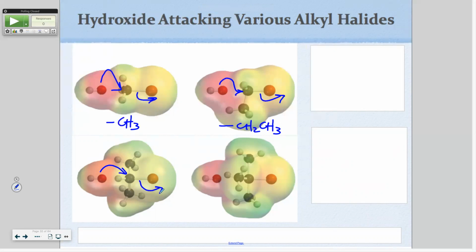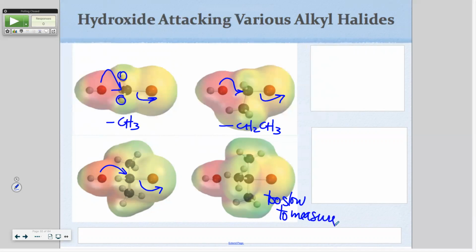As this has to get in here, notice what is happening. We are changing what is attached to the carbon that the reaction is occurring at. This one has 3 little hydrogens. This one has a couple hydrogens and a methyl. This one has 2 methyls. And what does this one have? 3 methyls. Remember, this one was too slow to measure.